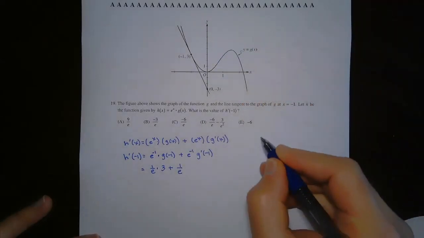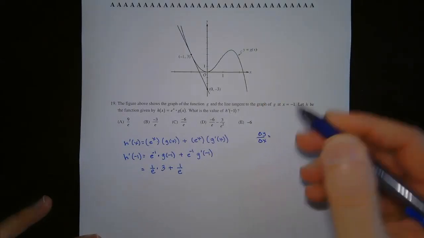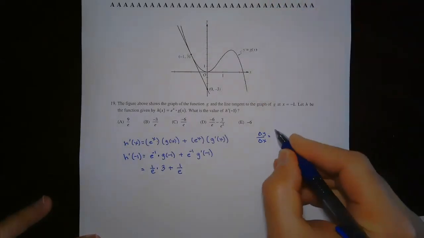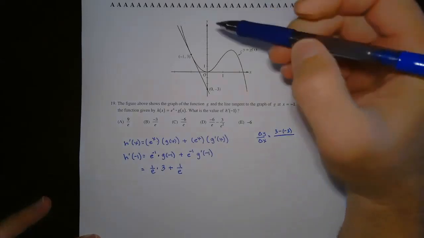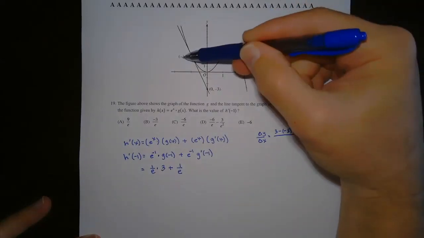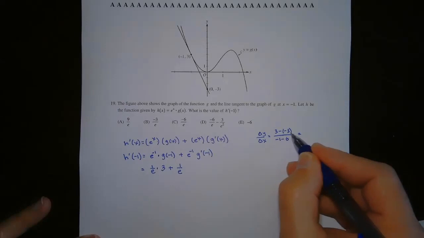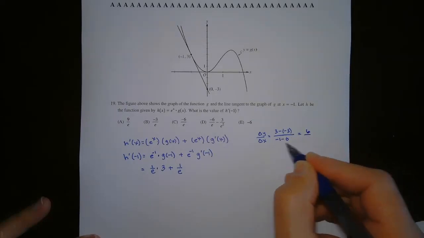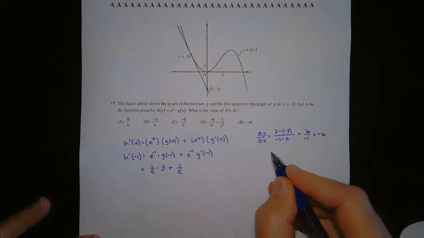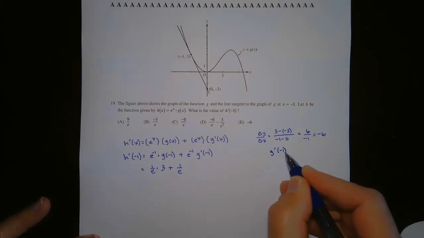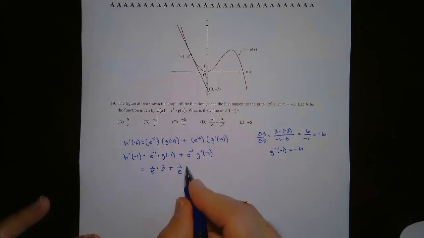So we do delta y over delta x: 3 minus -3 over -1 minus 0. That's 3 plus 3, which is 6, over -1, so the slope is -6. That means g prime of -1 is equal to -6, because that's where we found the tangent. So this is times -6.